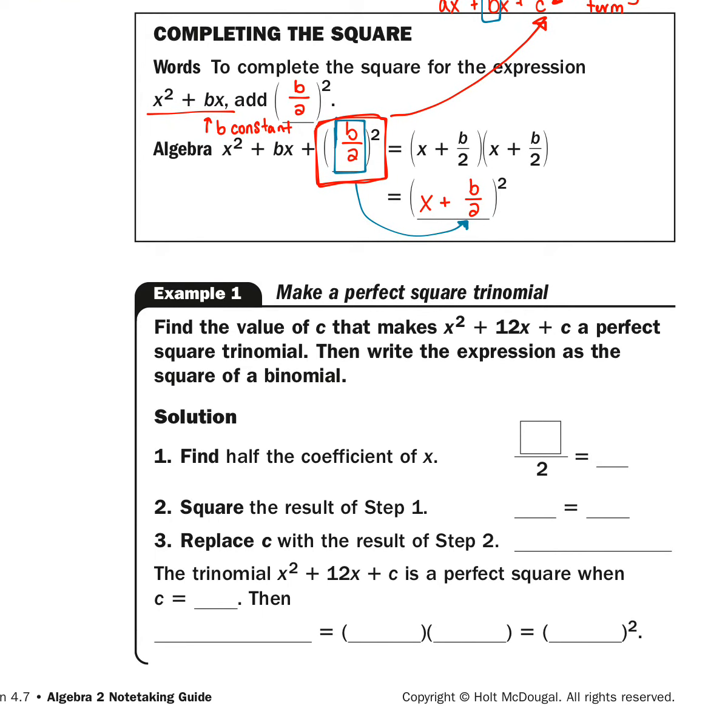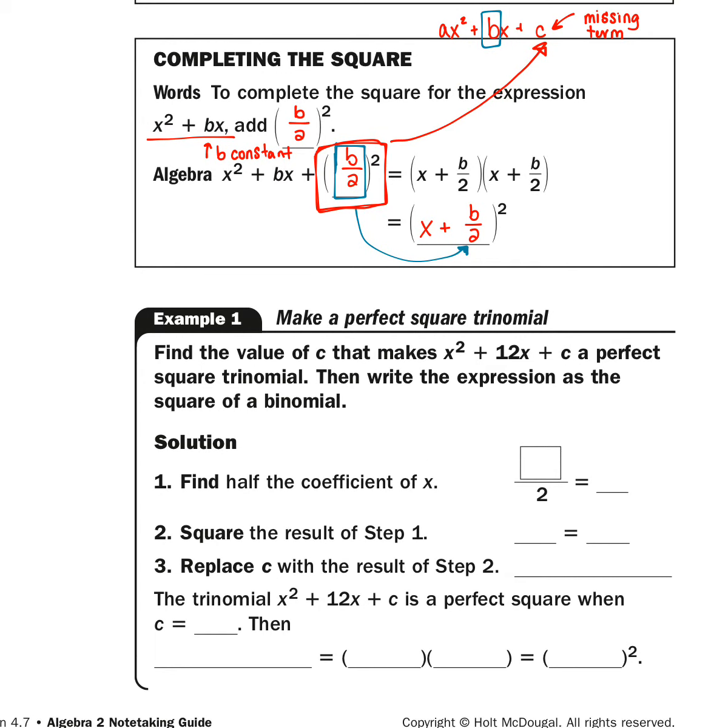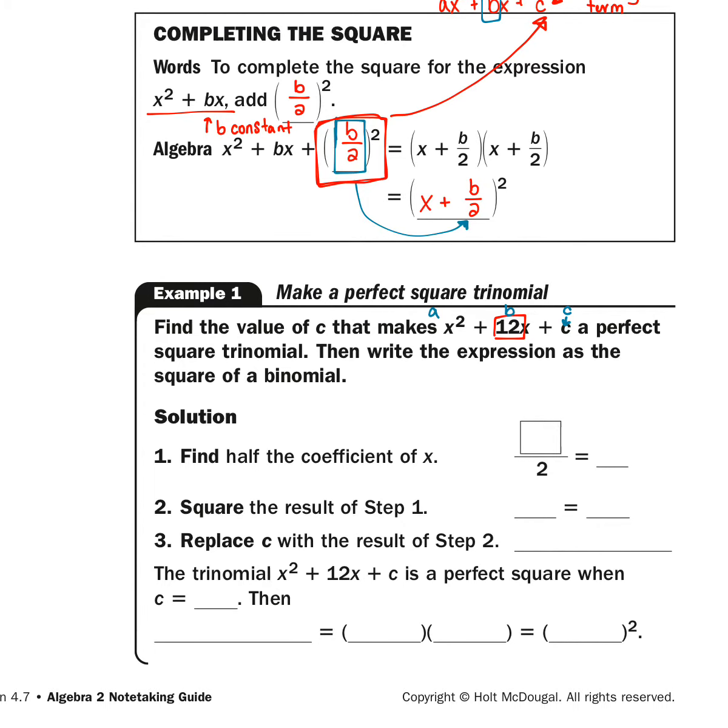So let's get to an example, see if we can't clear some stuff up. Find the value of c that makes x squared plus 12x plus c a perfect square trinomial, and then write the expression as the square of a binomial. So first off, we're going to take our 12, because remember, this is A, B, and C is C, so that's nice.